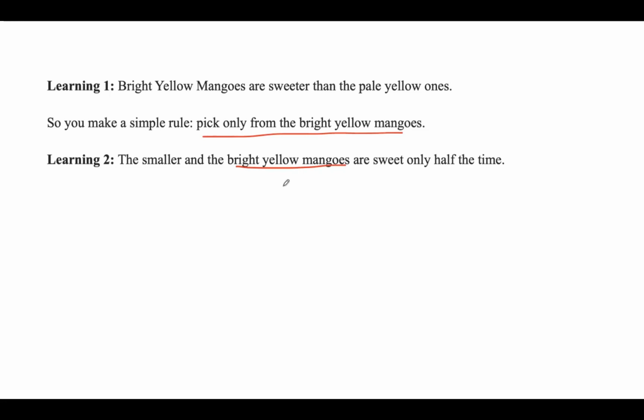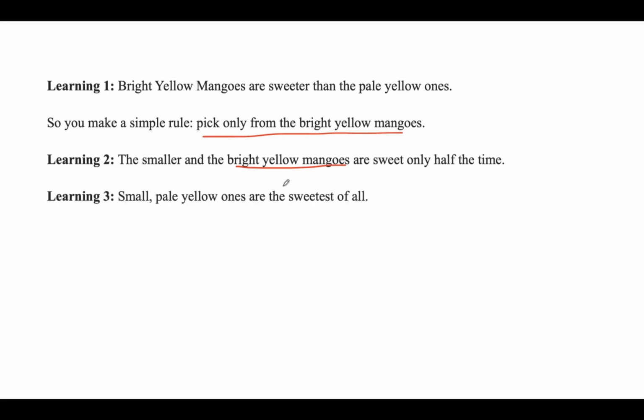Say if you bought 100 bright yellow mangoes, 50 will be big in size and the rest 50 will be small. Then the 50 big mangoes will be sweet, while out of 50 small ones, only 25 mangoes will turn out to be sweet. So you'll then update your rule about mango shopping, and from next time, you'll keep this point in mind.